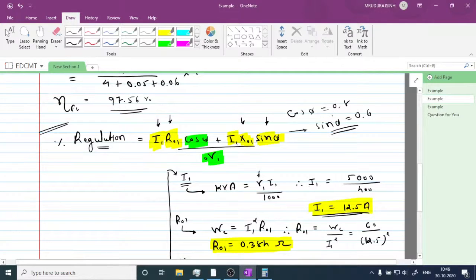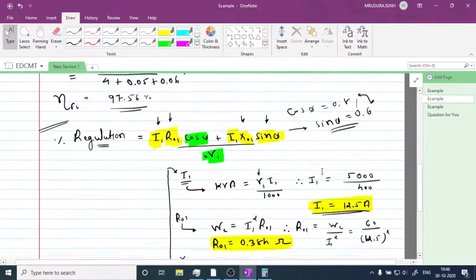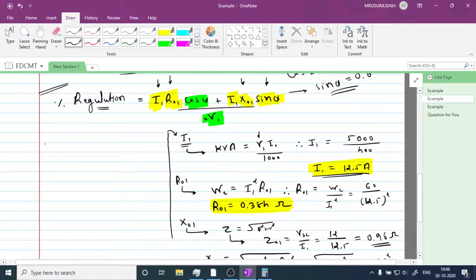If you still have any doubt how it is like this, in the previous example I have explained the same thing. You can go there and calculate it. So whatever quantity we require to calculate percentage regulation, we know now. Let's place all the values and calculate the percentage voltage regulation.